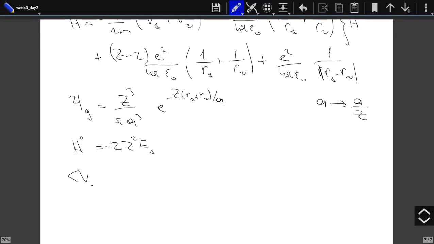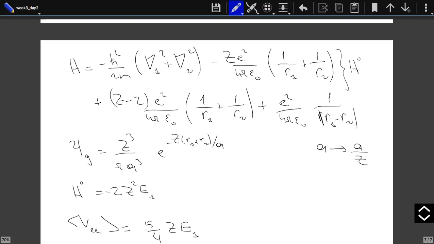And if you calculate V_ee, this turns out to be 5/4 Z times E1. Now, of course, this is the V_ee part.